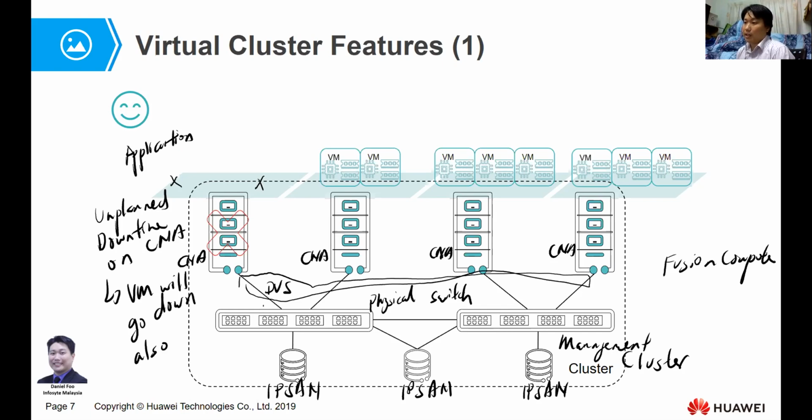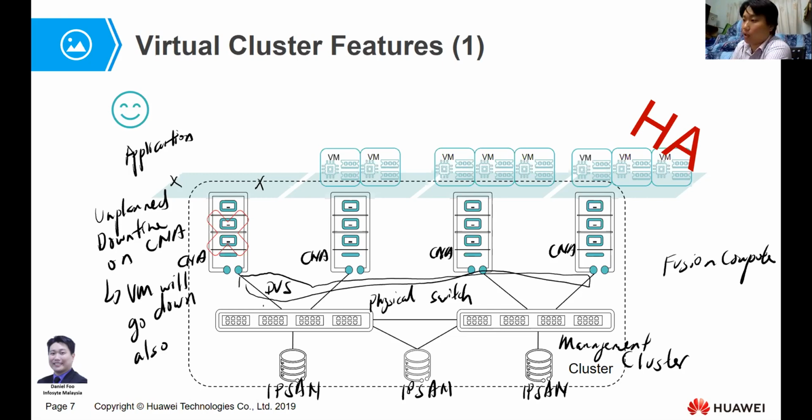This feature is offered if the CNA node is sharing one particular cluster, to minimize your virtual machine downtime. HA stands for high availability. Later on, we'll talk more in depth about which level we provide this particular function.